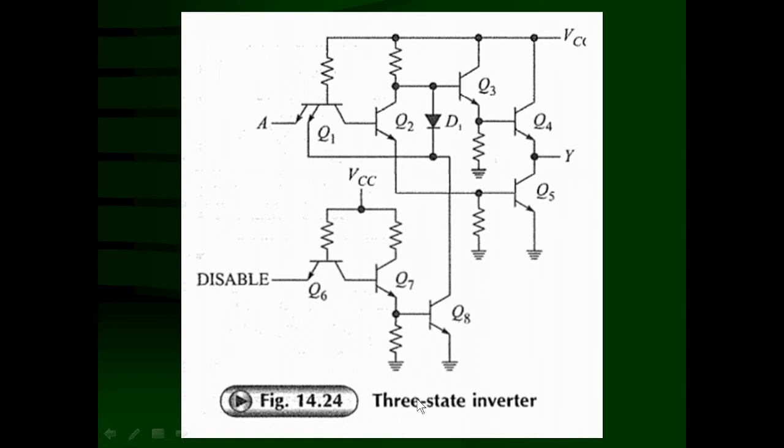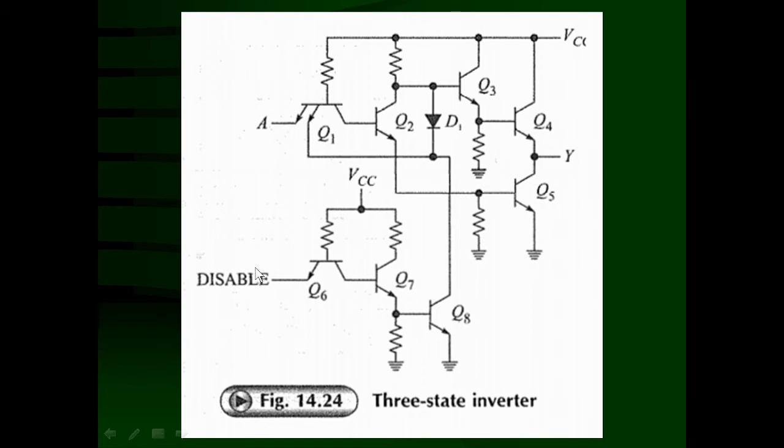This is a tri-state inverter. Inverter means NOT gate. So normally it will work as a NOT gate. Output Y equals A bar, or output Y is not A. It is the complement of A. So it is related to this disable.